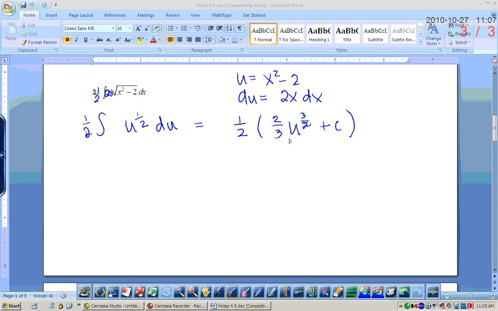I went ahead and put the 2/3 u to the 3/2 plus c in parentheses, but when you distribute this 1/2, you're going to get 1/3 u to the 3/2 plus 1/2 c. And what can you tell me about 1/2 c? It's still a constant, right? So you don't need to worry about that. And then I just need to plug my x's back in. So 1/3 quantity x squared minus 2 to the 3/2 plus c.